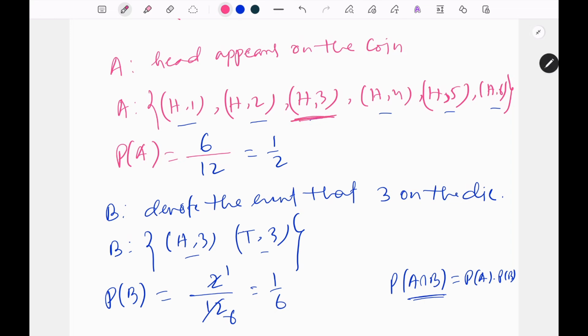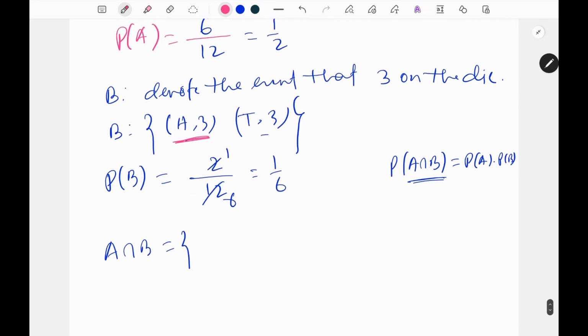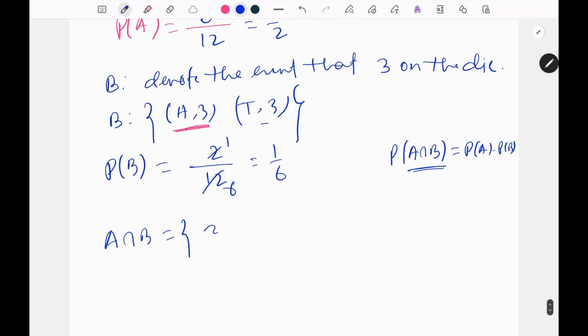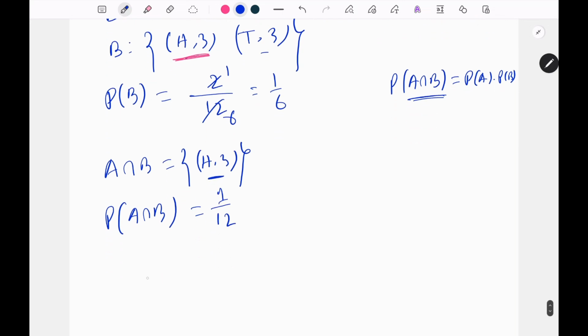So only H comma 3 is in the intersection. So the probability of A intersection B will be, how many elements are there? 1, and the total is 12, so 1 by 12. Now check whether the probability of A intersection B is equal to the probability of A into the probability of B.